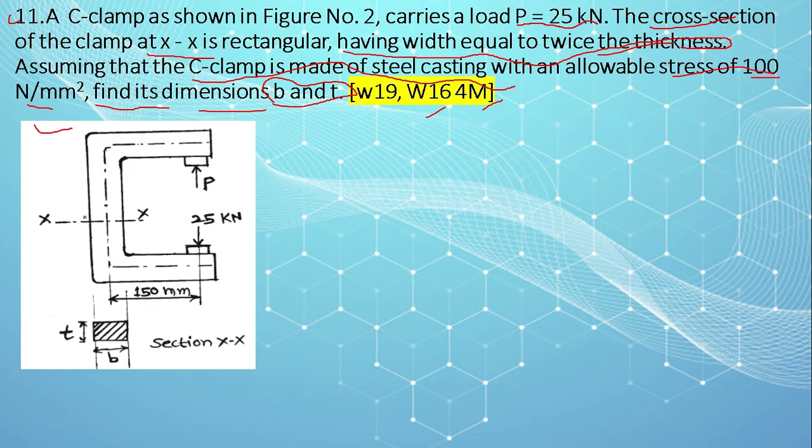So in this figure, at section XX, the section is rectangular with depth T and breadth B, and this breadth they have given as twice the thickness, meaning this width is twice the thickness, so this should be 2t and this t.